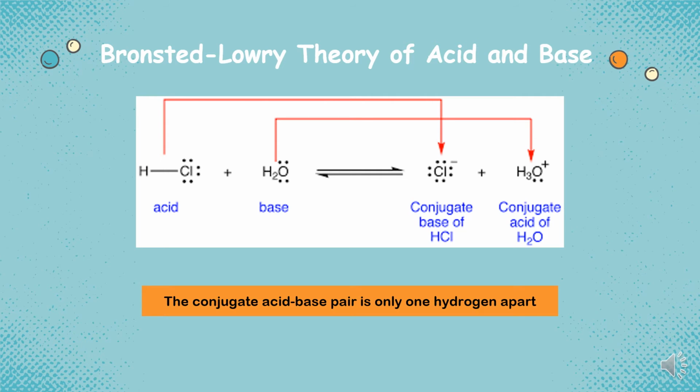Hydrochloric acid donates a proton to water, so hydrochloric acid is called an acid and water a base. Hydrochloric acid will form chloride ion, called the conjugate base. Then water, after receiving a proton from hydrochloric acid, will form hydronium ion, which is called the conjugate acid. The conjugate acid-base pair is only one hydrogen apart.